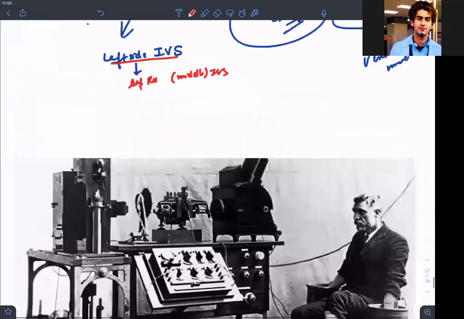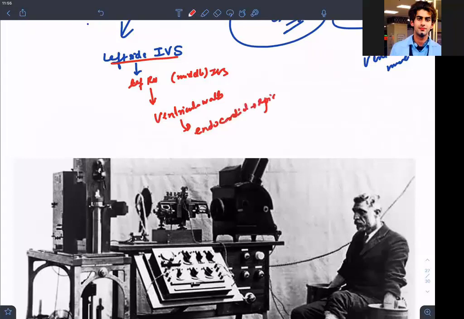So it went from left to right and then into the walls of the ventricles. And finally it started depolarizing from endocardium to epicardium, so endocardial surface to epicardial surface.